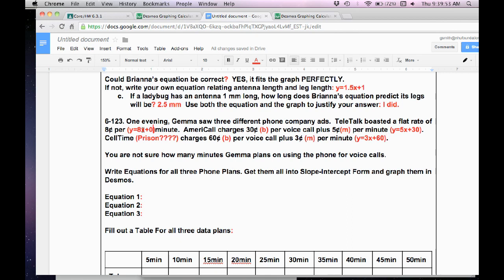Okay, so equation 1, there it is. See, this is what's nice about this, is that it just avails itself, and it's so clean looking when you're done. It's a very, very nice artifact to have. Okay, so it's just to graph them in Desmos.